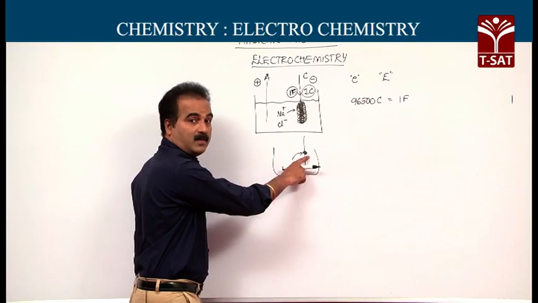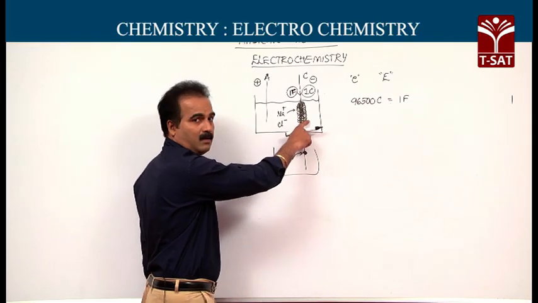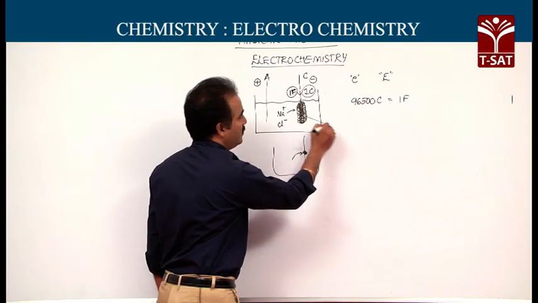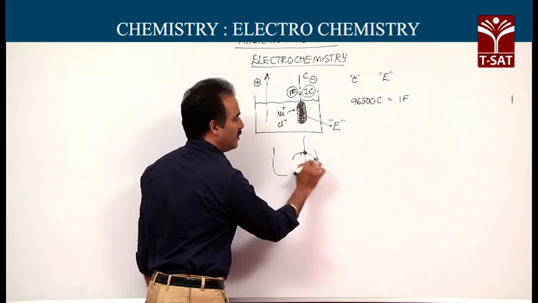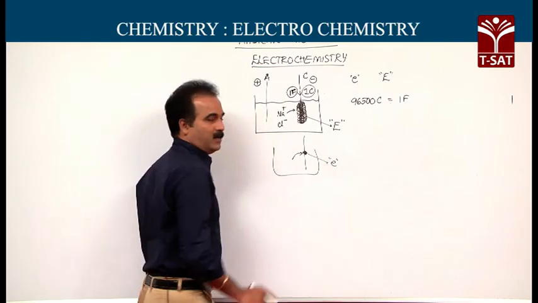Earlier it is a small quantity, now it is a large quantity. This small quantity is the electrochemical equivalent and this large quantity is the chemical equivalent.